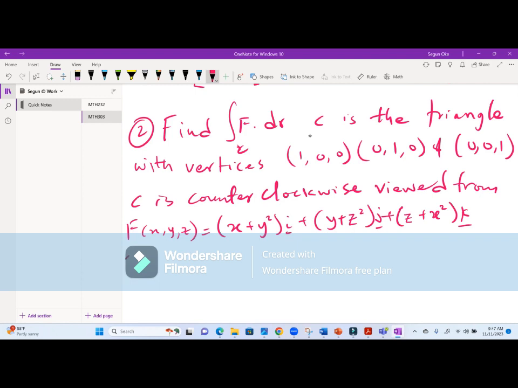And the solution will be the integral of F dot dr, which is the integral of curl F dot dS.